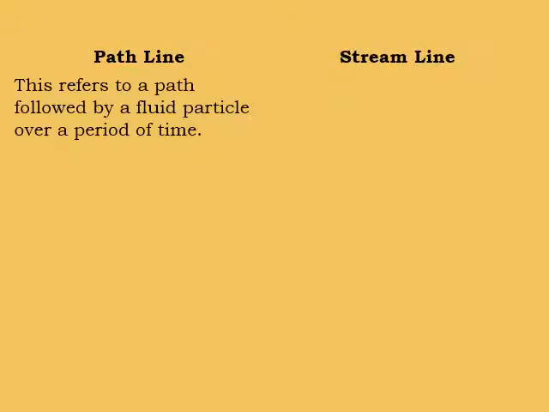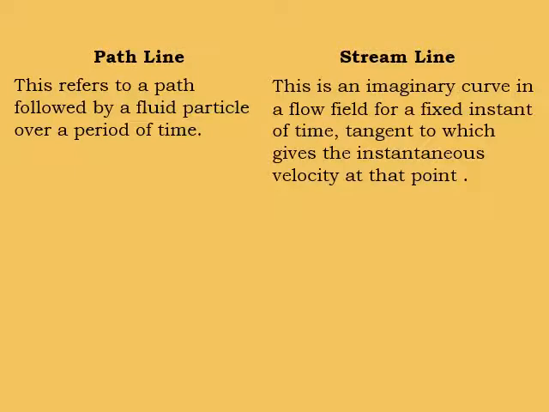Next, what is the difference between a path line and a streamline? The path line refers to the path followed by a fluid particle over a period of time. But a streamline is an imaginary curve in the flow field for a fixed instant of time. There is a tangent which gives the instantaneous velocity at that point.